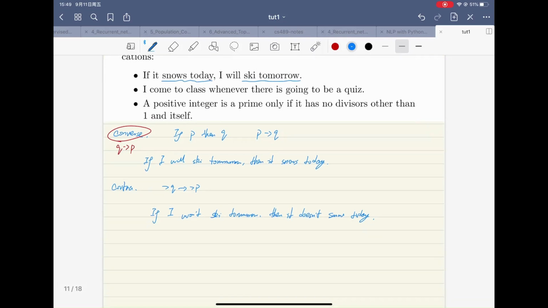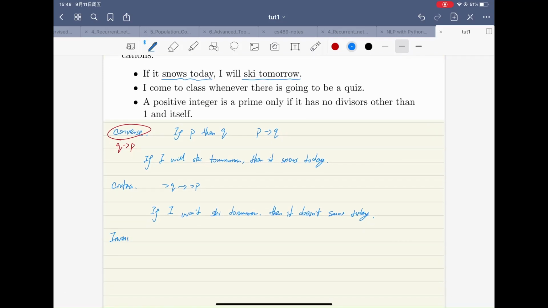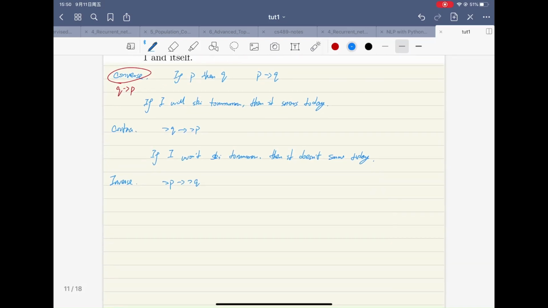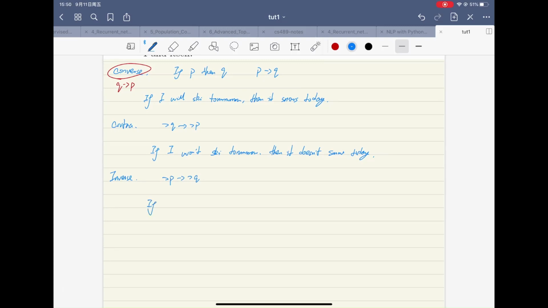And what about the inverse? The inverse is not P implies not Q. So what we have is, if it doesn't snow today, I won't ski tomorrow.